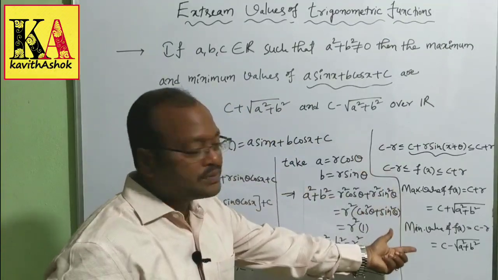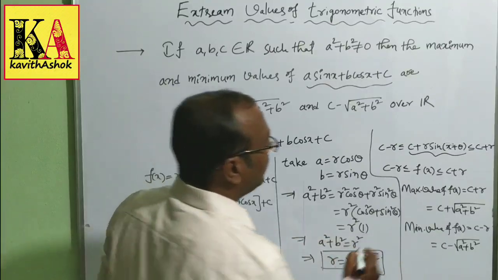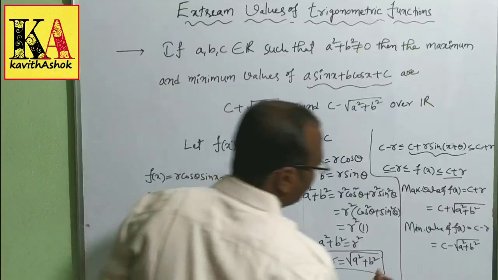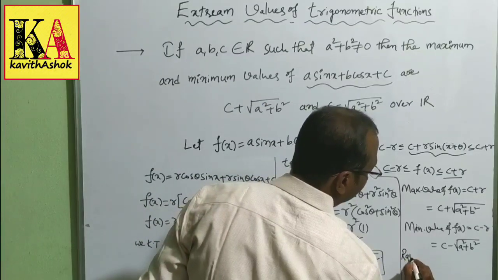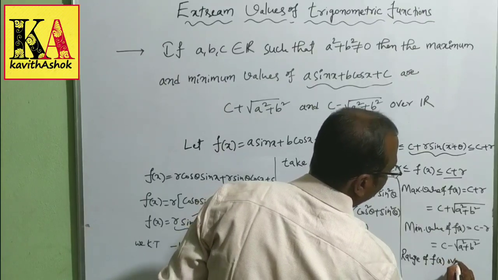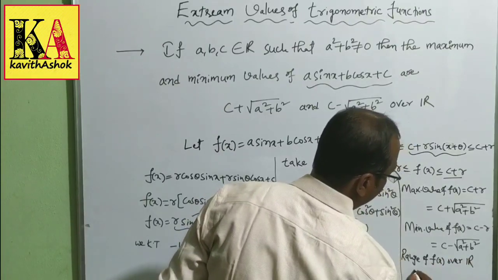Next, the minimum value of f of x is c minus r, which again is c minus under root of a square plus b square. So f of x lies in between c minus r and c plus r. So that's why the range of f of x over real numbers is what?